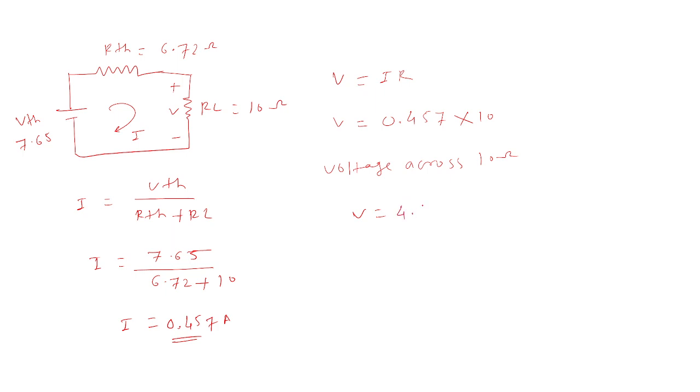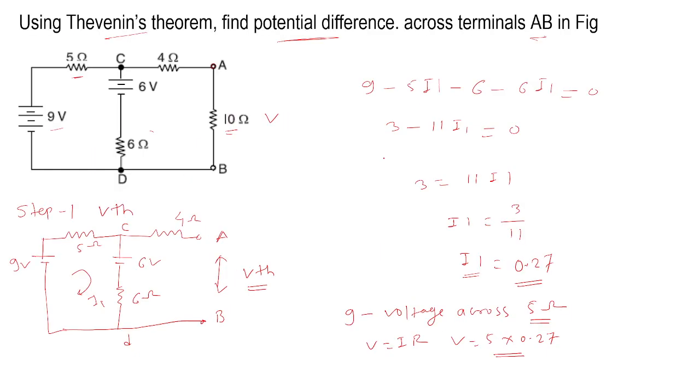It will be 4.57 volts. So this is the voltage across the 10 ohm resistor with the help of Thevenin's theorem. I hope this example is clear to all. If you are having doubts, you can ask your doubts. Otherwise, if this example is clear, you can put yes in the chat box.